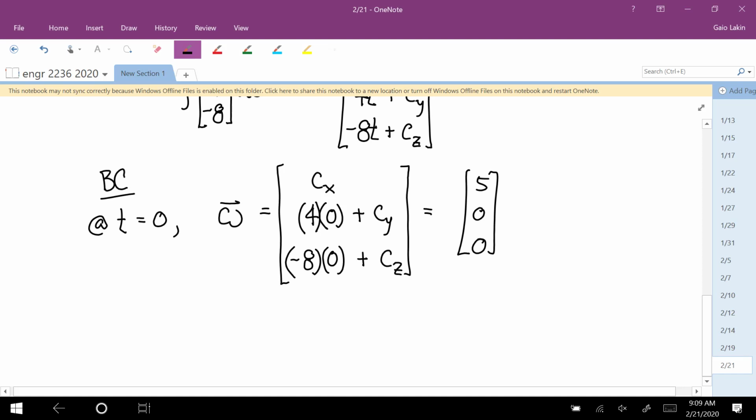So that lets us calculate Cx, Cy, and Cz. Cx is 5, and Cy and Cz are both 0.